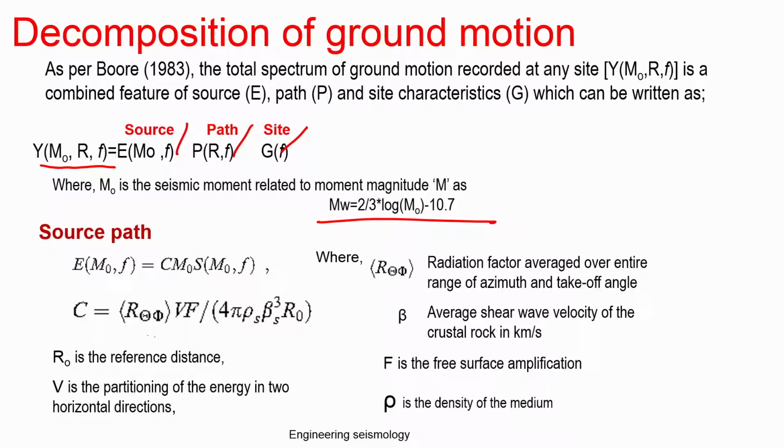The C depends on R naught, the reference distance, rho V, the partitioning of energy into the two horizontal directions, R, the radiation factor averaged over the entire azimuth, and beta, the average shear wave velocity of the crustal rock, which is the velocity where the source is going to rupture. F is the free surface amplification and rho is the density. By knowing these, you can solve this equation and get the source-related wave part.